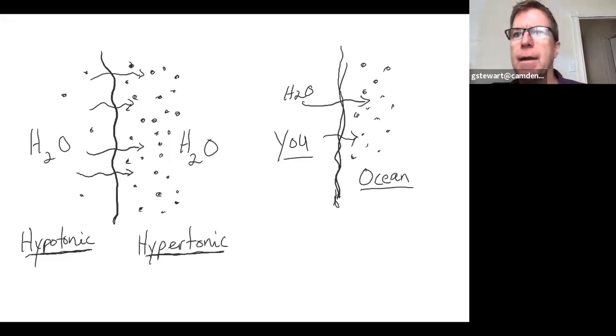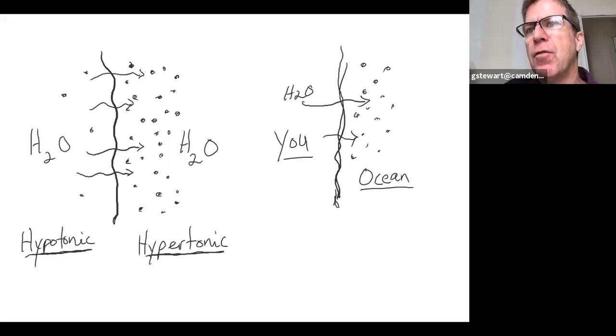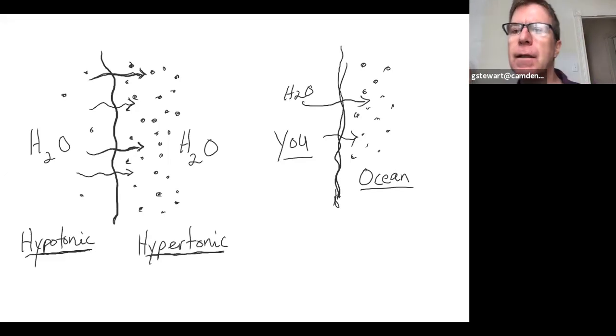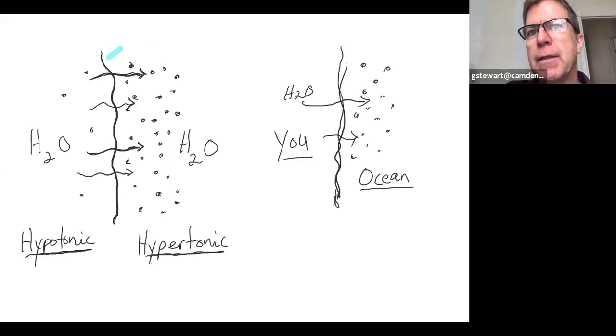So osmosis is just the diffusion of water. We've explained how water diffuses, the process of osmosis in a living system. The last example I'm going to give you, so I'm just going to erase some of this.